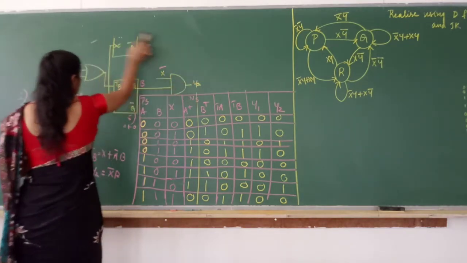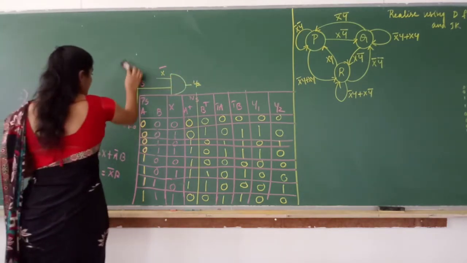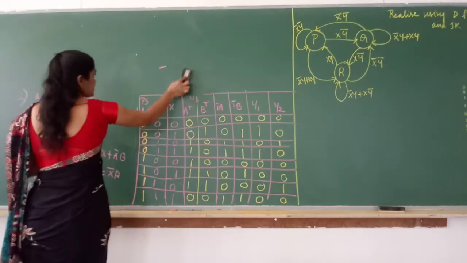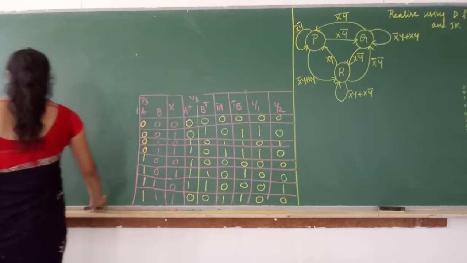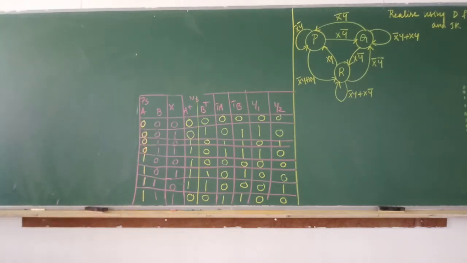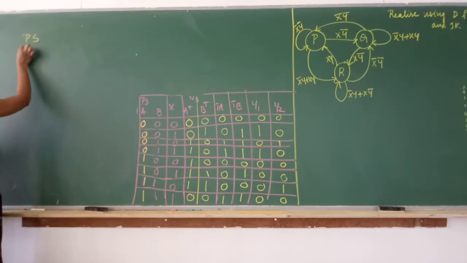So what is the next table? Next step is to write the transition table. Transition table is again another form of excitation table. Okay. So in the transition table, what do we have? Present state. What is present state? AB. So 0, 0, 0, 1, 1, 0, 1, 1.